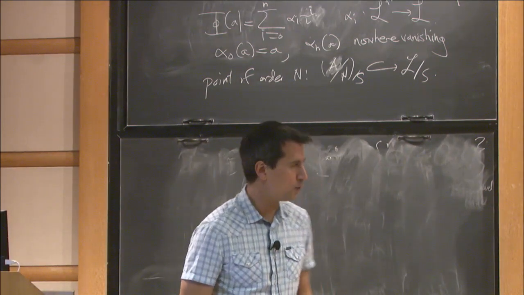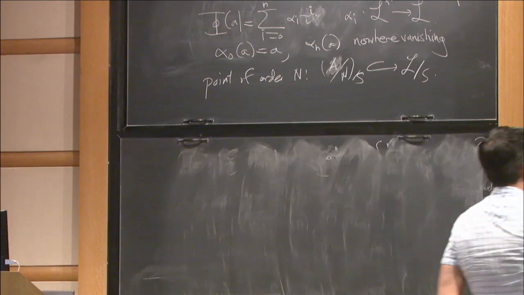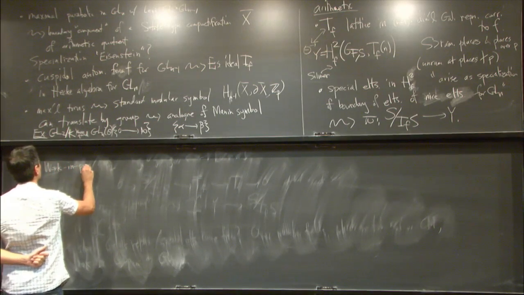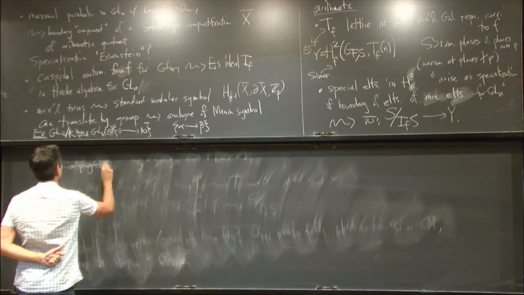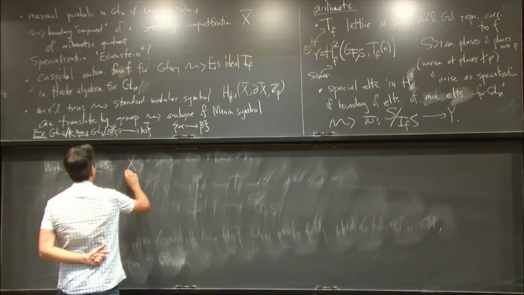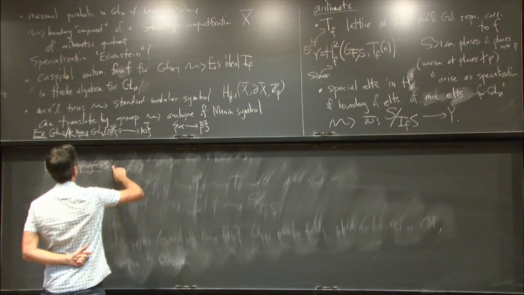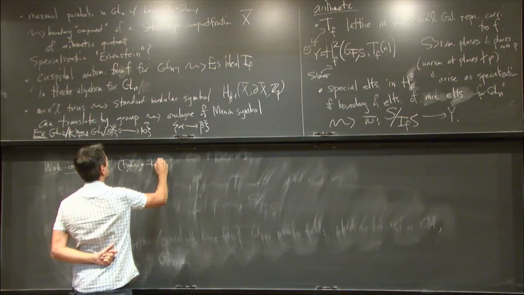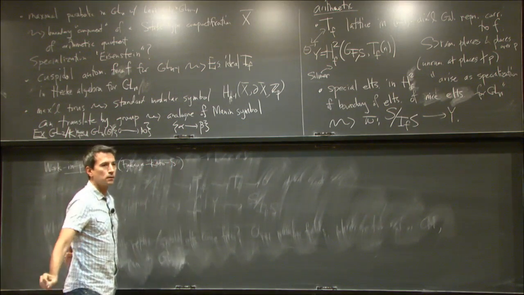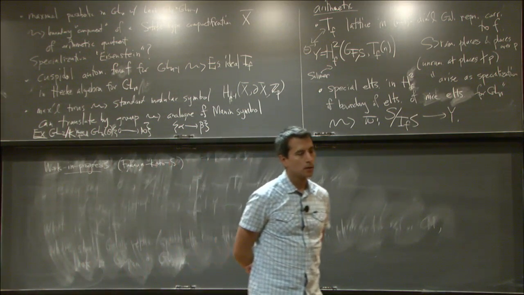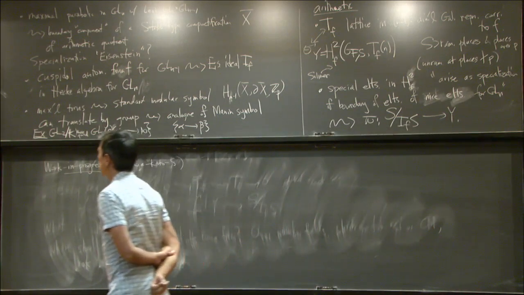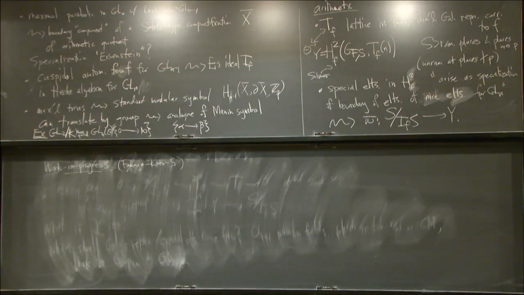Okay, so in work in progress, we are working to construct toroidal compactifications. When you say embedding, what structure?